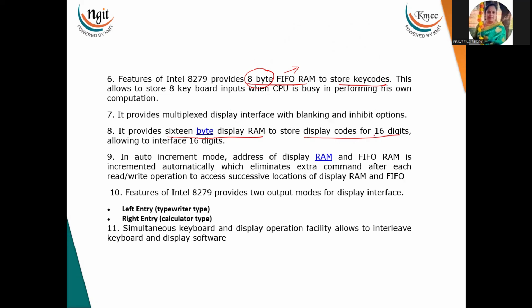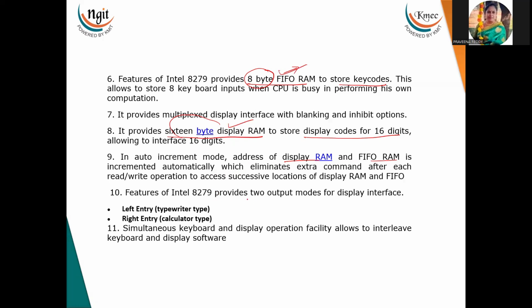If we are using only 4 seven-segment displays, only the first 4 locations are used. But the maximum is 16 bytes. Automatic increment of the address of the display RAM and FIFO RAM is done, so there is no need to execute software instructions to increment these RAM locations.